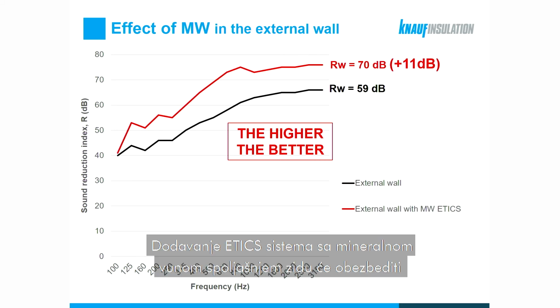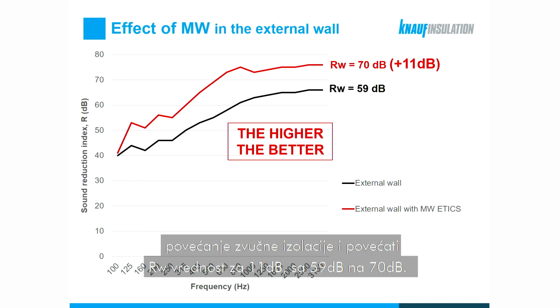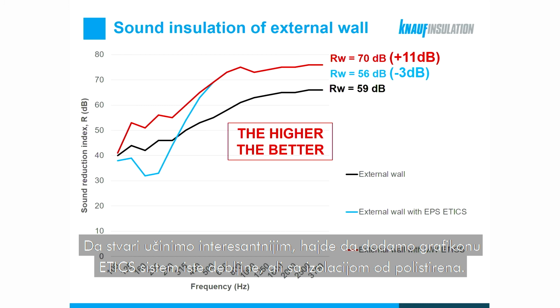If we add the facade system, the attic system with mineral wool to the external wall, we will provide an increase in airborne sound insulation, so the increase in RW value of 11 decibels, from 59 to 70. To make things a bit more interesting, let's now add to the same graph the attic system of the same insulation added to the same base wall, but this time based on EPS insulation, on the polystyrene.